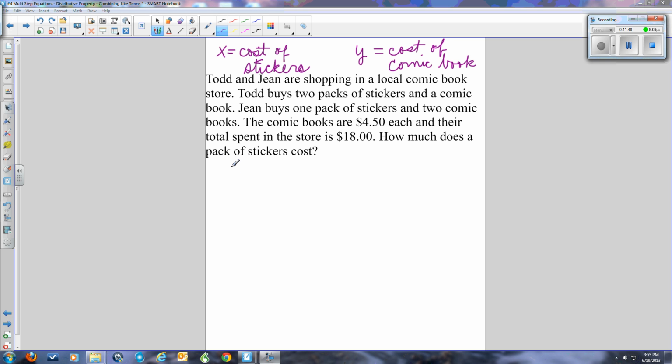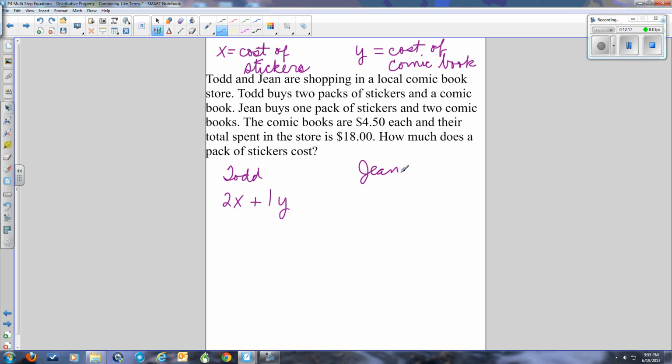So let's think about what Todd and Jean are doing here. Todd buys 2 packs of stickers, so we would say that as being 2 times the cost of 1 pack of stickers. And then he buys a comic book. So we can say he buys just 1, so that'd be 1 times whatever the cost of the comic book is.